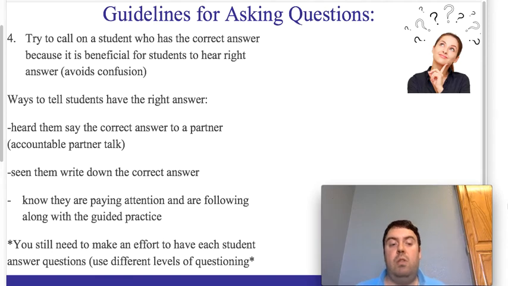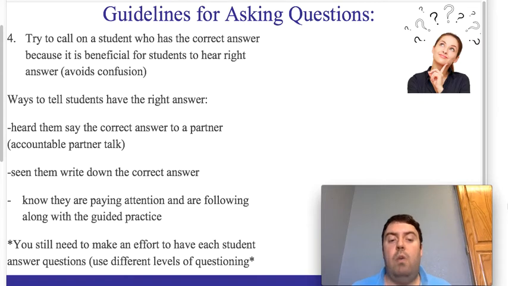So maybe for your students who are beginner English language learners, or students that are struggling to understand a concept, you might ask them a very basic question that is not too hard for them to remember. But if you have a more advanced student, like your able learners or your gifted and talented students, you might ask them in front of the class the critical thinking question that really requires a lot of thought.